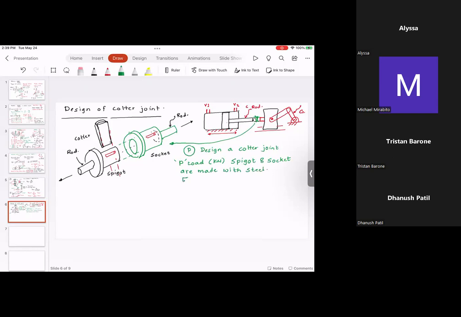And the design stresses are sigma T, which is the design tensile strength. Sigma C is the design compressive strength.